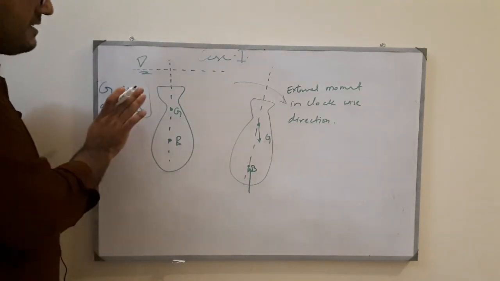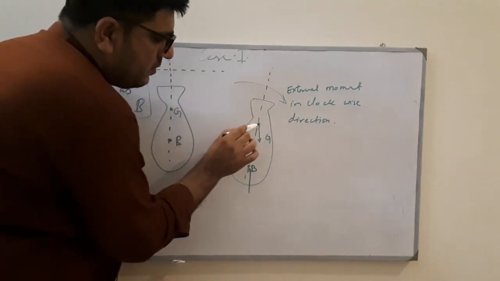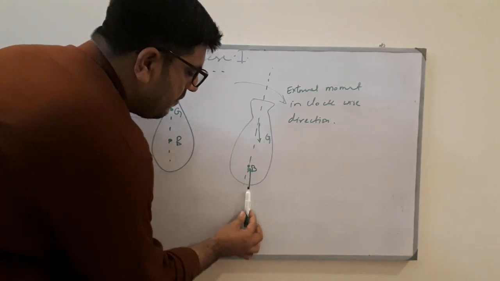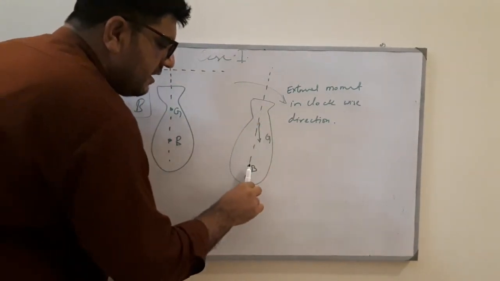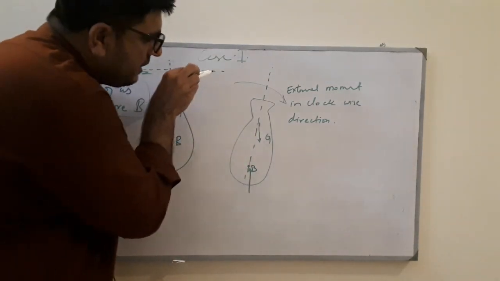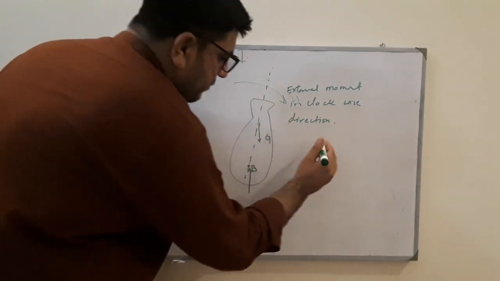Let's say I push the body in this direction, and this is the center of gravity and this is the buoyant force. This is the weight of the body acting, and this is the buoyant force acting.